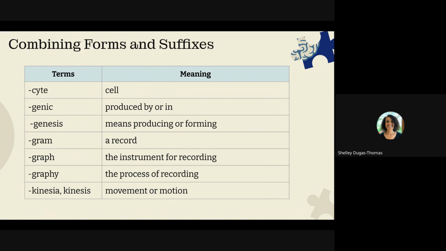So, as we wrap up the structural building blocks, let's look at suffixes. Notice a tiny change in word endings alters the entire meaning from an action to a tool. The trio to know, look at gram, graph, and graphy. This trips up many.